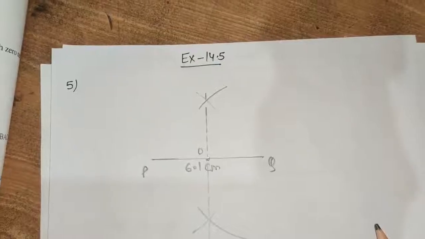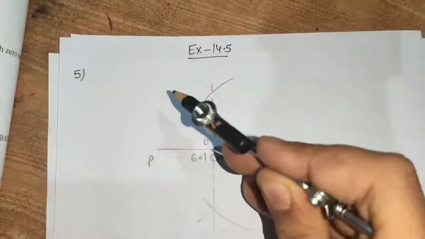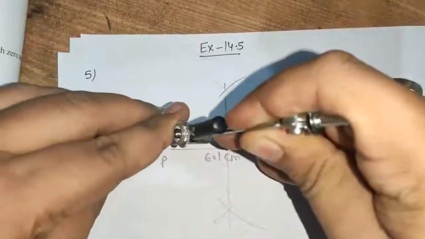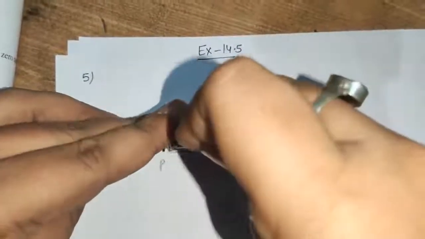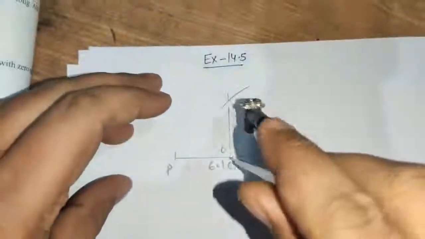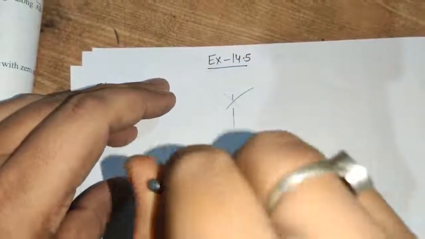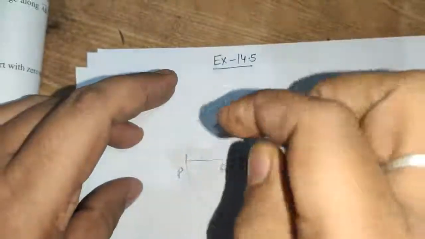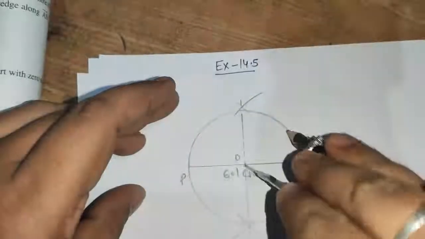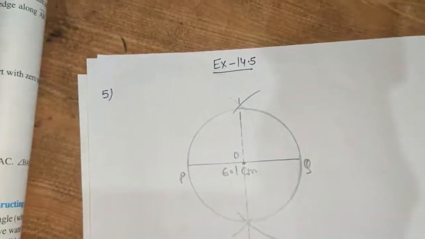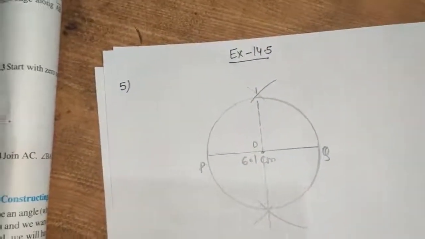This is O. Now we will take O and P in our compass, and then we will make the circle. Now this is the required circle of diameter 6.1 centimeter.